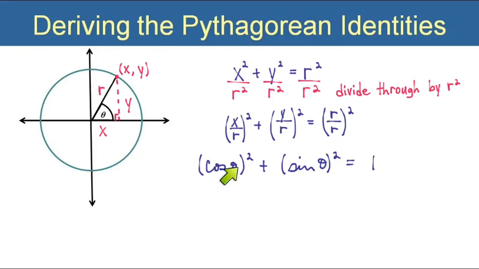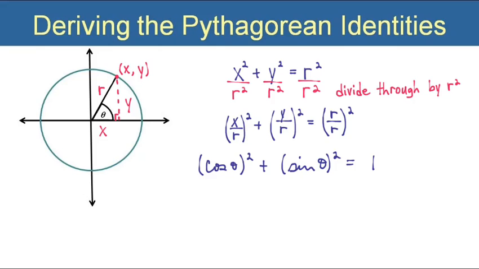Now this is not the usual way that we would normally write a cosine of an angle squared. Normally, instead of using the parentheses, we take the square and we put it in between the function and the angle. We do that because if you just didn't use the parentheses, it would look like the angle's being squared, but that's never the case.